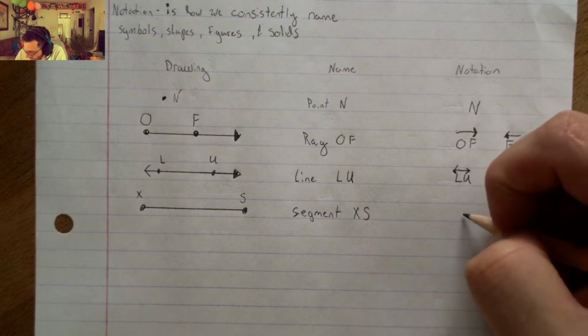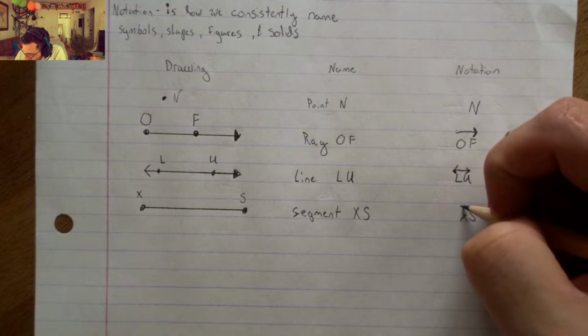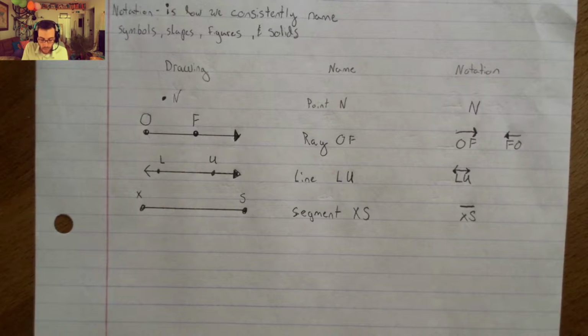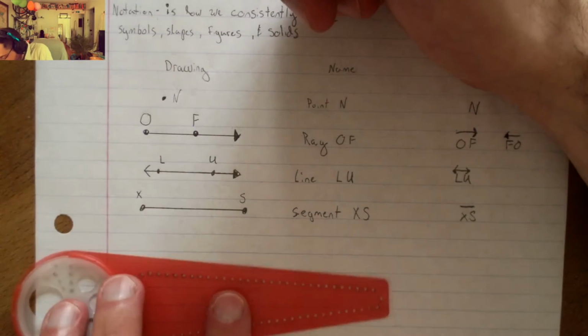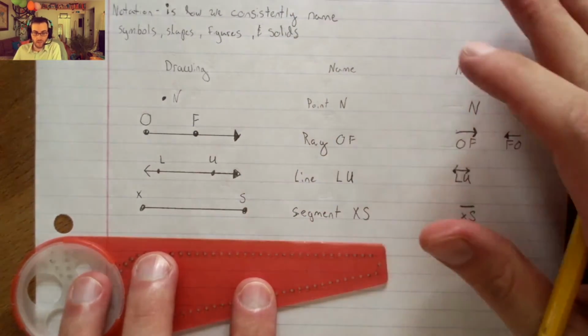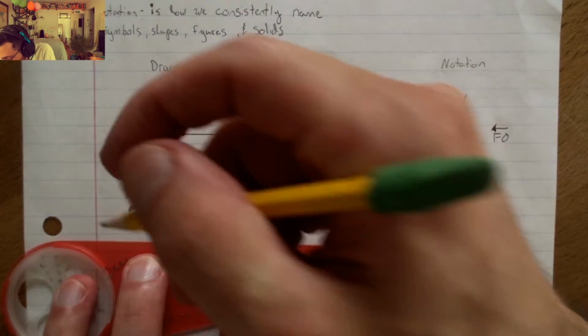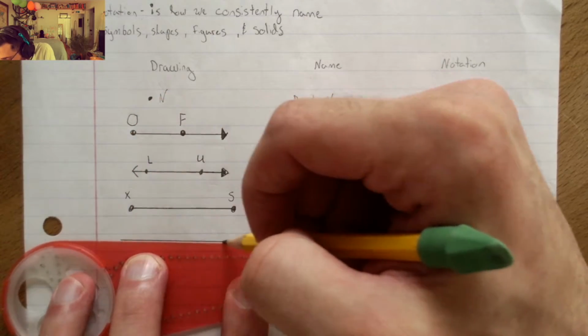And for segment XS, in terms of our notation, no endpoints, no arrows, just a little tiny segment drawn right on top of it. But there are many ways that we can express these symbols that are here. The next one we're going to do is a line again, but it's going to be drawn a little bit differently.